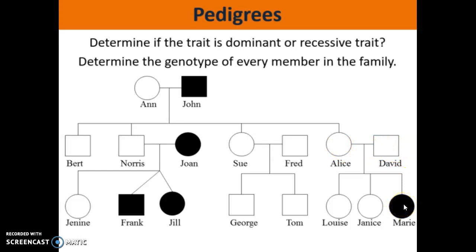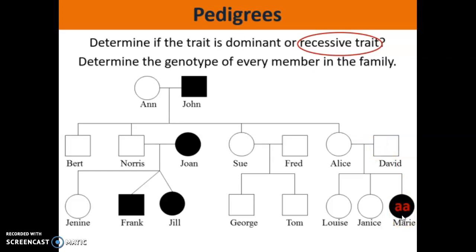The only way that you can have two parents that don't have this condition and a child that does is if the condition is recessive, and therefore we can give Marie the genotype little a. Again, the parents don't have this trait, yet they have a child that does. That's our evidence that it's recessive.